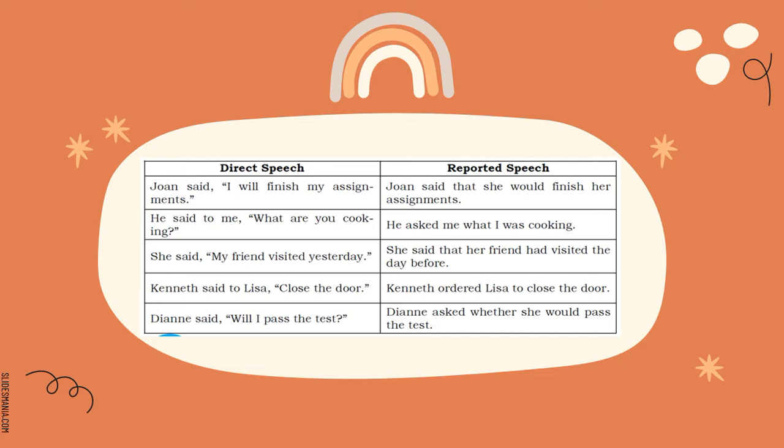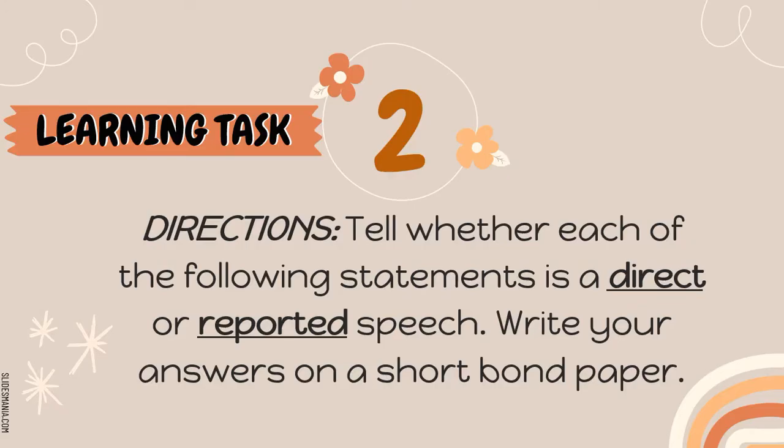Now, moving on, for learning task number 2, tell whether each of the following statements is a direct or reported speech. Write your answers on one whole piece of intermediate paper. Okay? So what will be the answer?